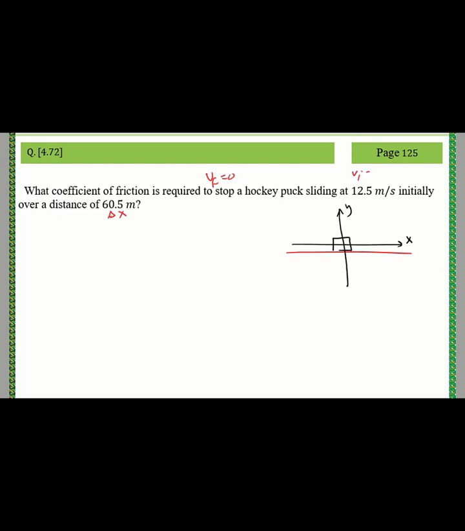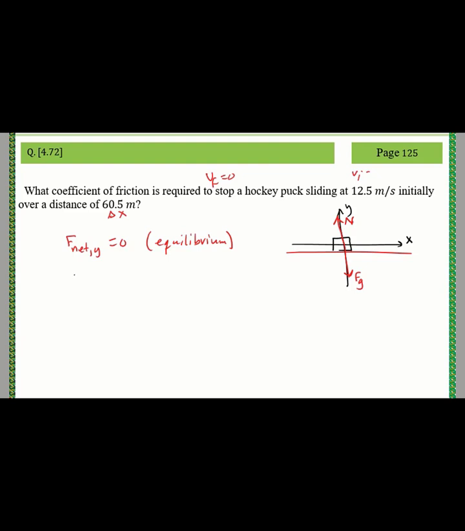On the y-axis, we have the weight and the normal force. From that, F net on the y-axis should equal 0 because we have equilibrium in the vertical axis.